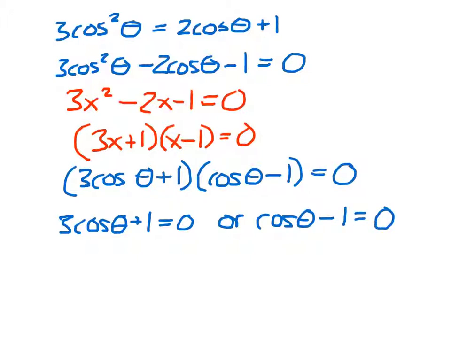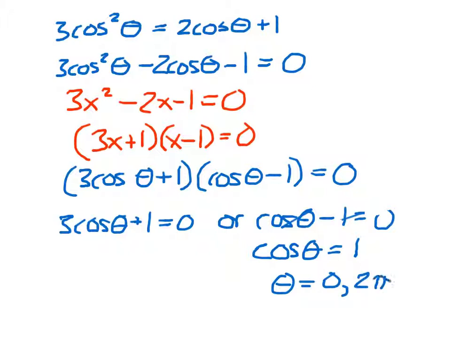I think you'll see that on the right hand side, that one's pretty easy to solve. We have cosine theta equals 1, and we know that to be true at 0 and 2 pi. So I don't need to use working angles here.